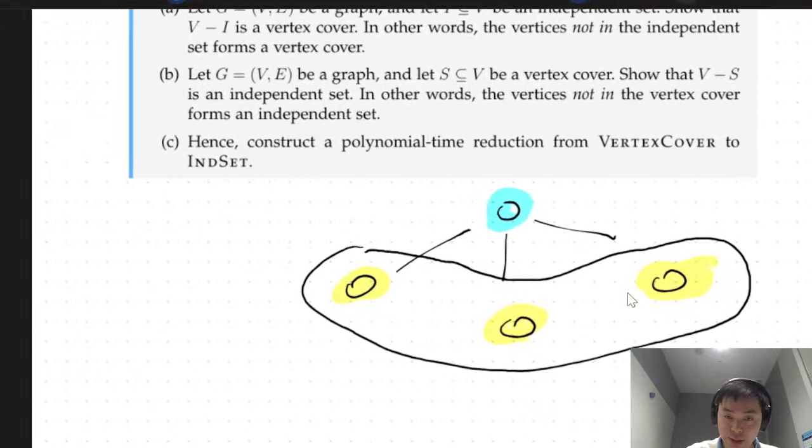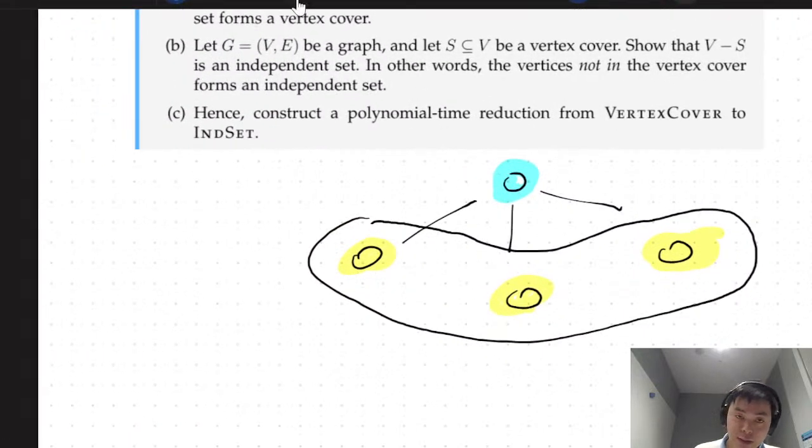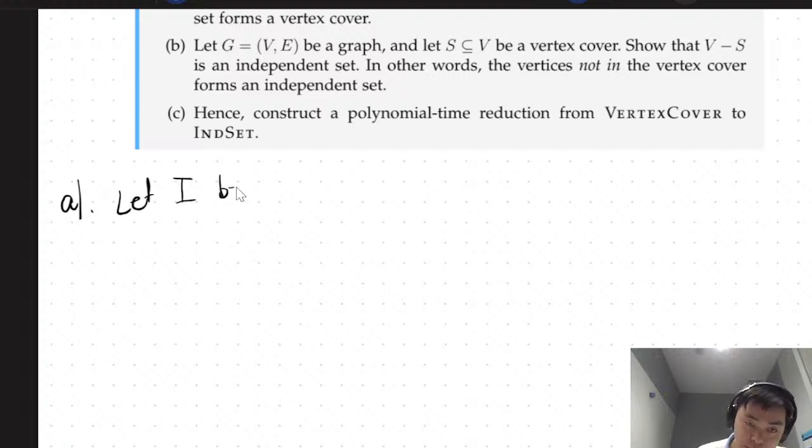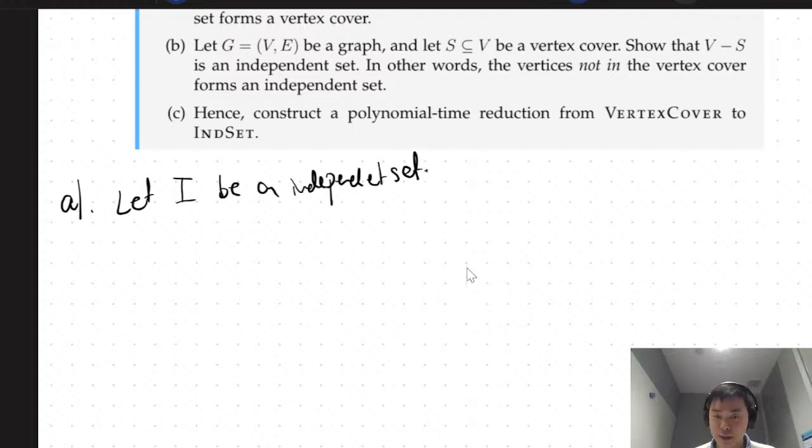So let's start with, let I be an independent set. And then I'm just going to define S to be V minus I, just for ease of notation. So why is S here a vertex cover?